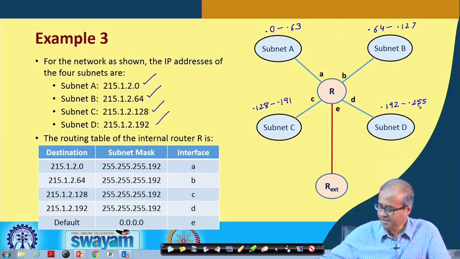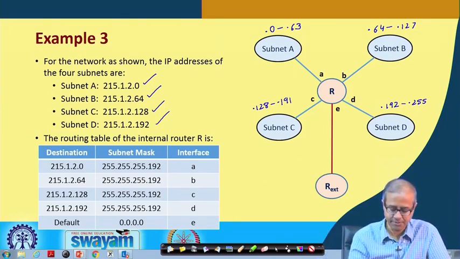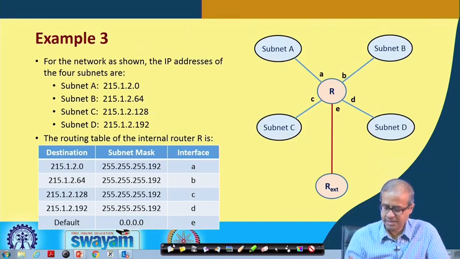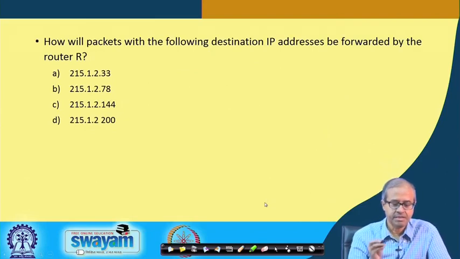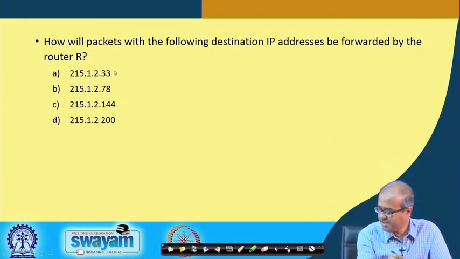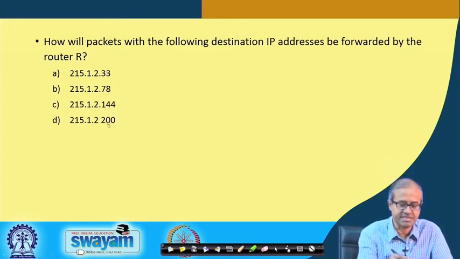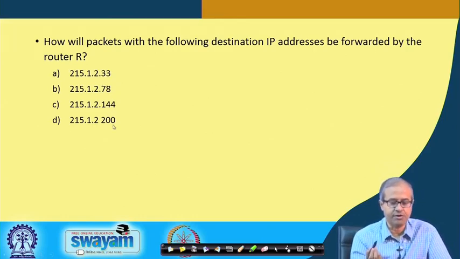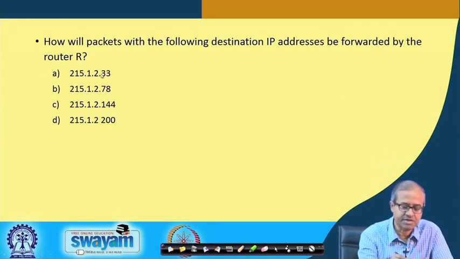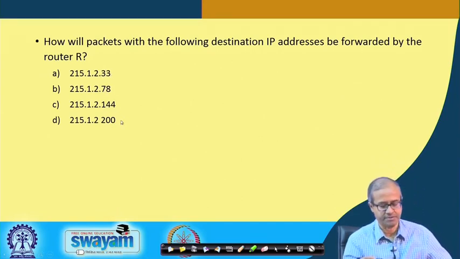Now, suppose some packets are coming. Let us go to the next slide. Here we will work out these examples for these 4 packets. These are the destination addresses, and we will try to find out what will happen. The last bytes are 33, 78, 144 and 200.